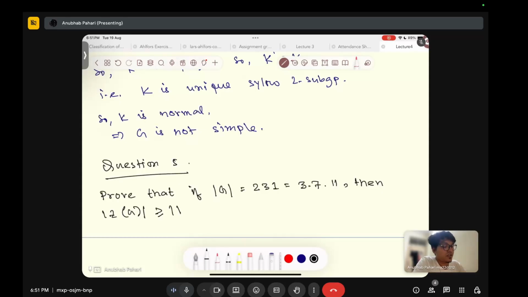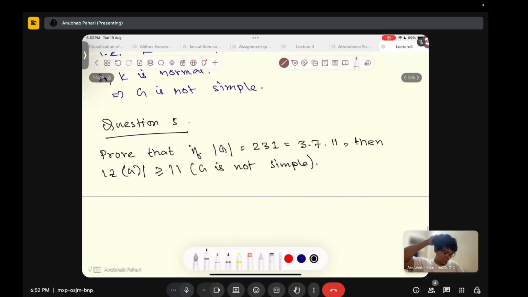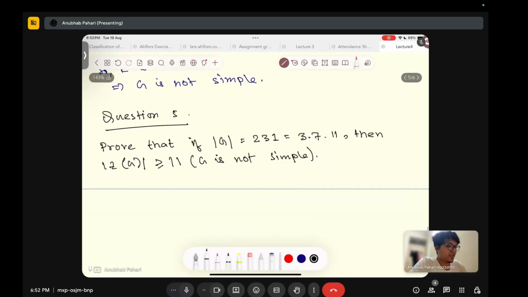So from here one can show that G is not simple. It's okay if it seems a little abstract, but let's try this.